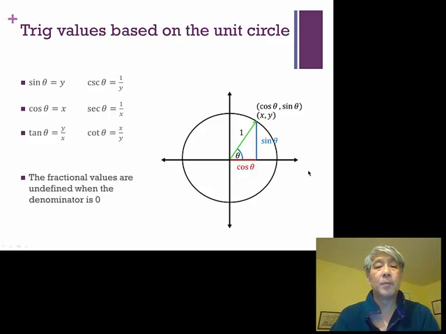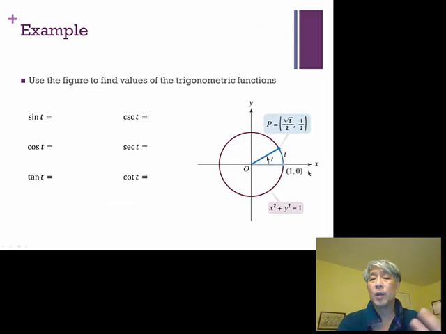But some of these will be fractional values: cosecant, secant, cotangent, and tangent. Anything with a fraction will become undefined, or again, it'll become asymptotic, when the denominator is 0.